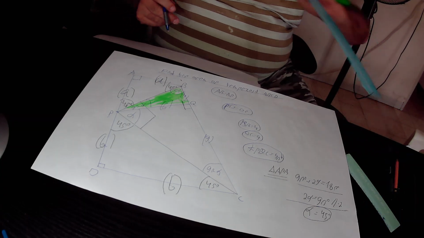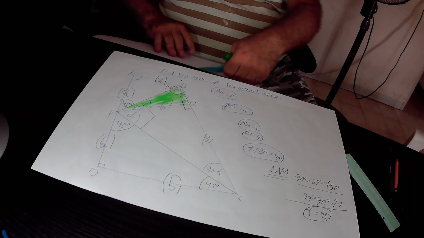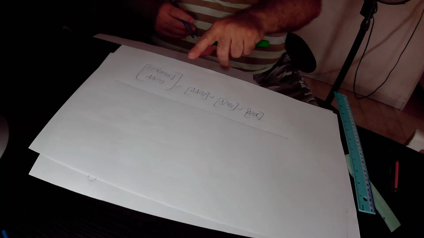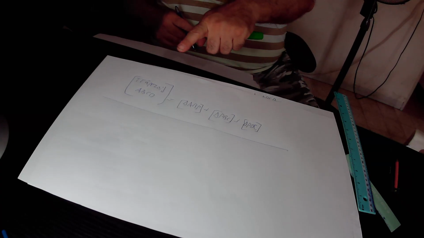So in total, we actually found out that the area of trapezoid ABCD is equal to the sum of the areas of the three components that it consists of.